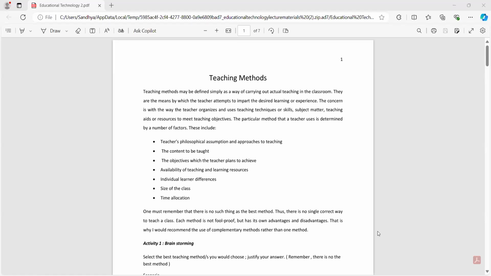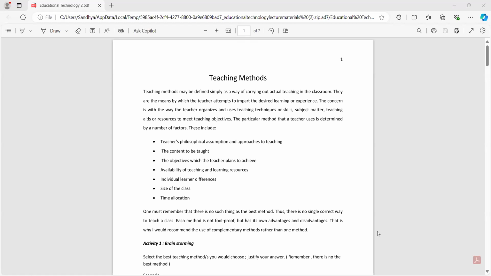And then content to be taught. If it is a difficult content, you will select lecture method because teacher can explain everything. If it's a very simple one, students can easily understand, you will opt for student-centered discovery learning.